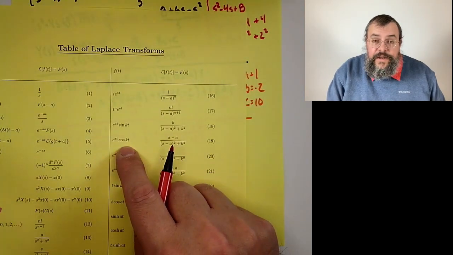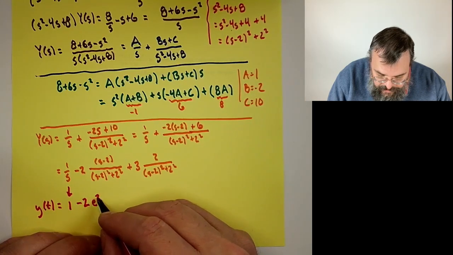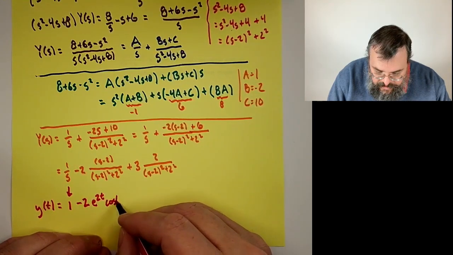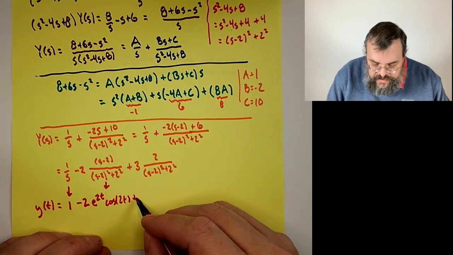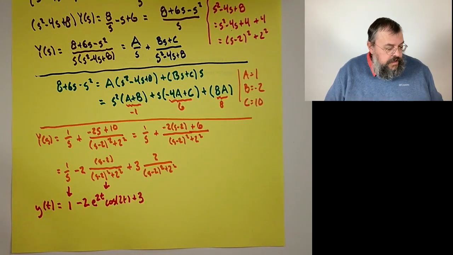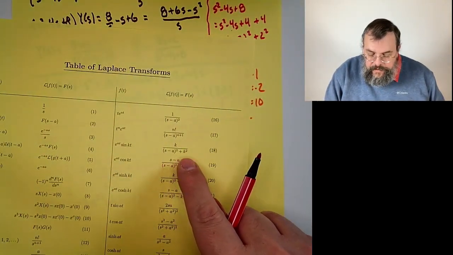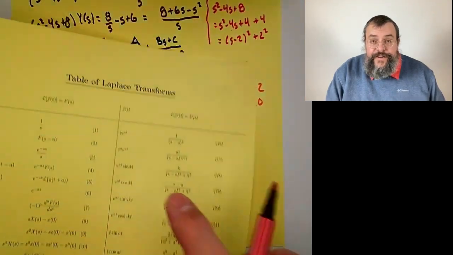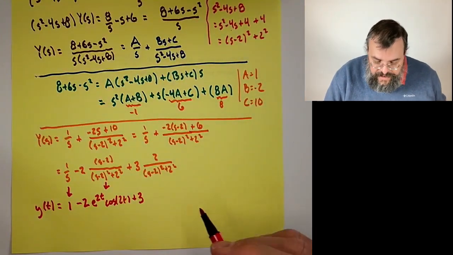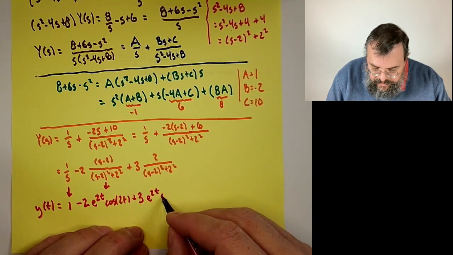E to the 2t cosine 2t. Okay, that's that part. Plus 3. And the last thing is k over s minus a squared plus k squared. A equals 2, k equals 2. So e to the 2t sine 2t. So plus 3 e to the 2t sine of 2t.